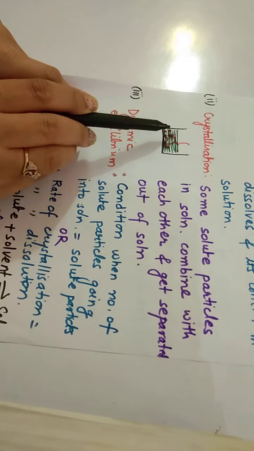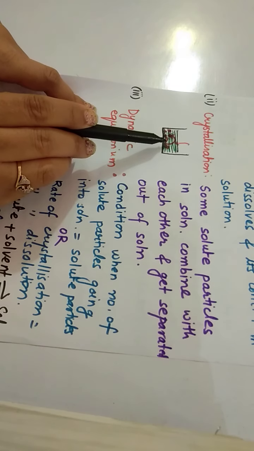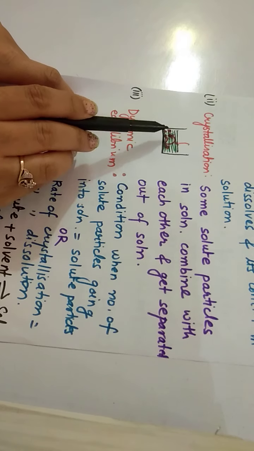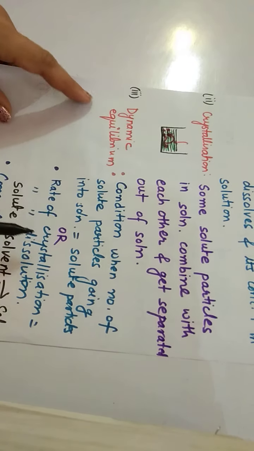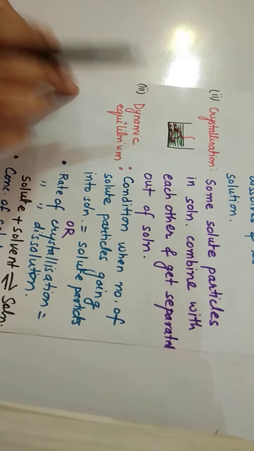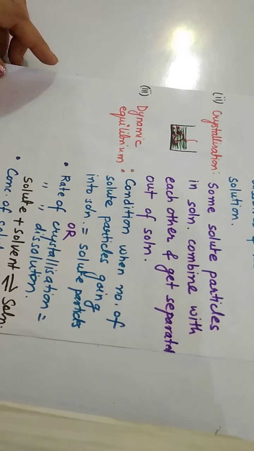If two particles of sugar move into the saturated solution, then two particles of sugar move out of it. So the concentration of solute in the solution remains constant.